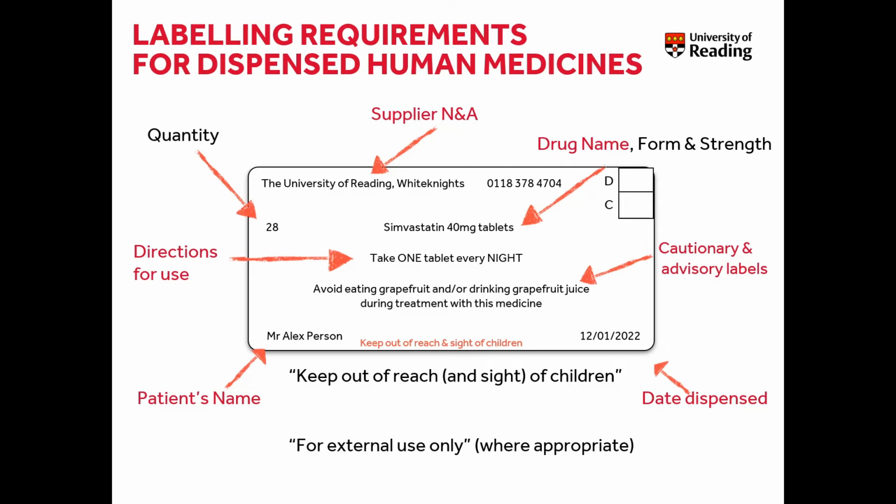And then for good practice and if appropriate for certain medicines, you need to have the words external use only on this label as well. The other bits we will usually include are the quantity, so we know how many have been dispensed, and then the form and strength of the drug too.